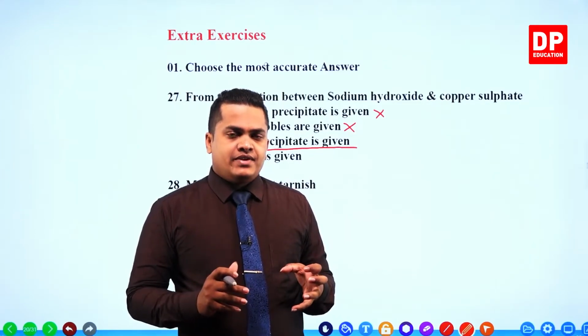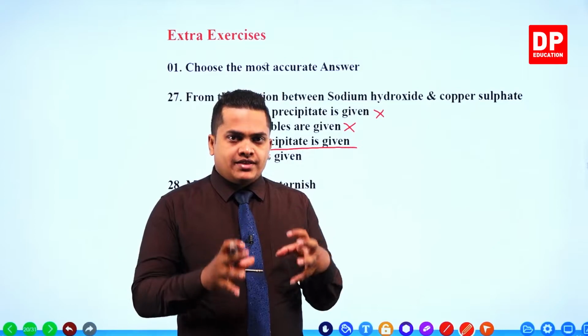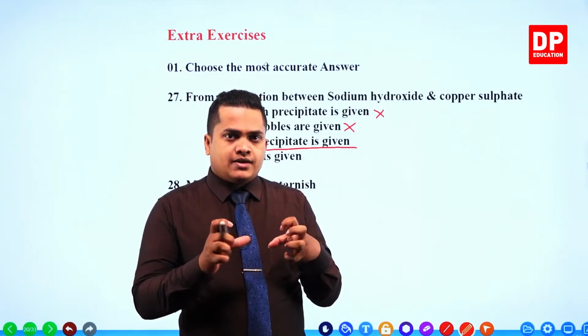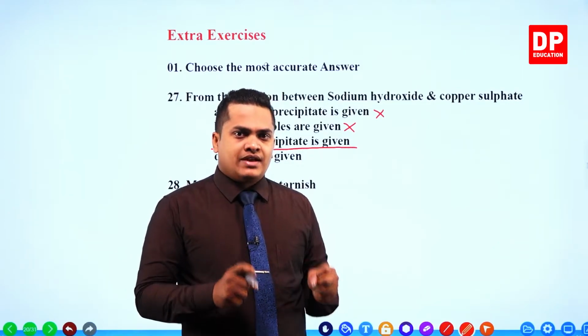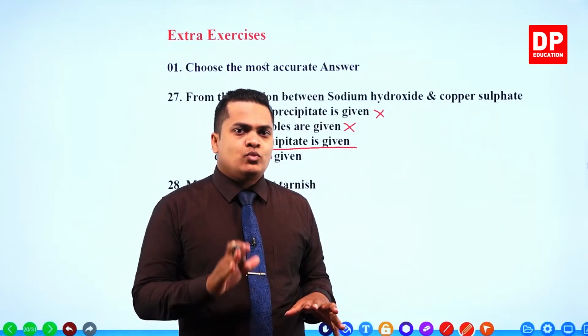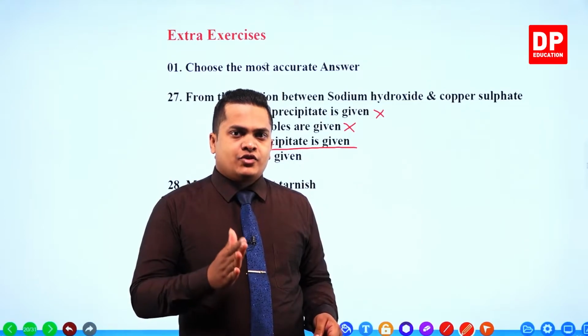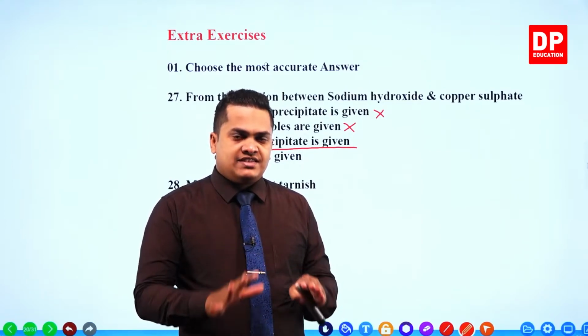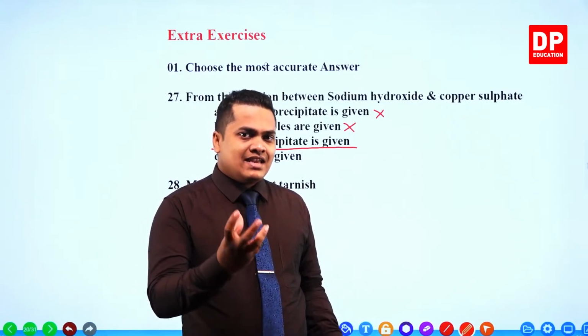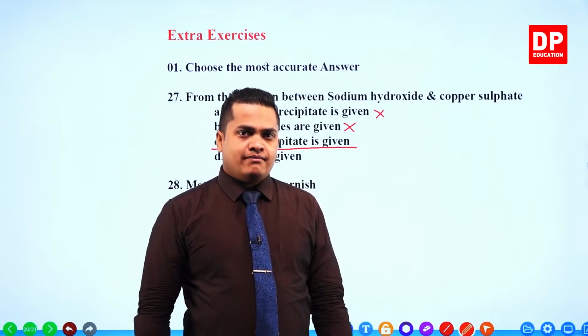Very low reactive means that the combining ability of this metal with different substances is very less. Physically it is going to act as a native element or native metal.